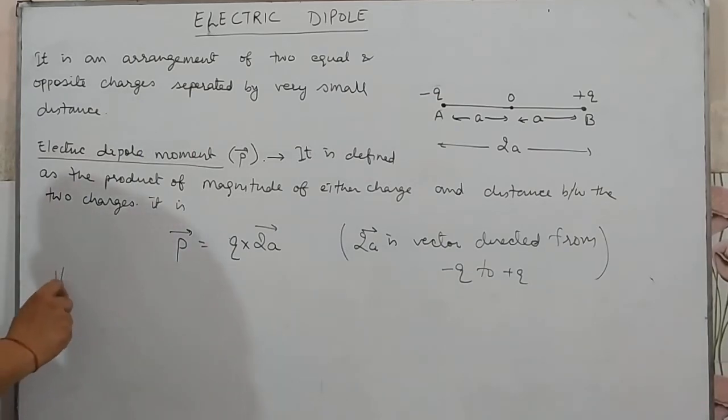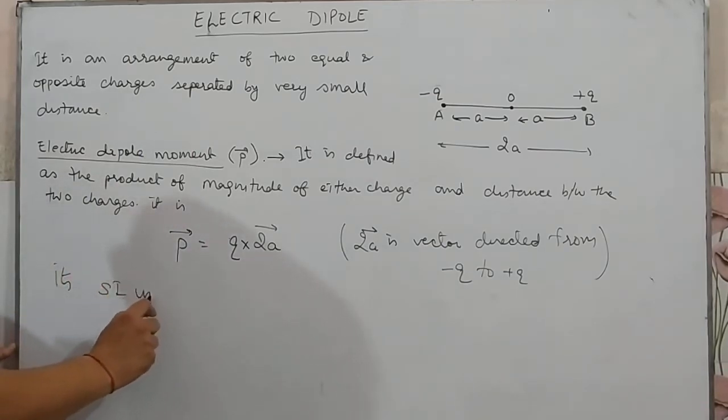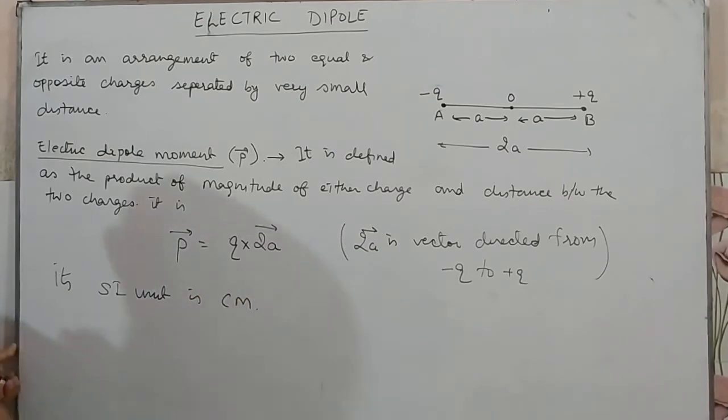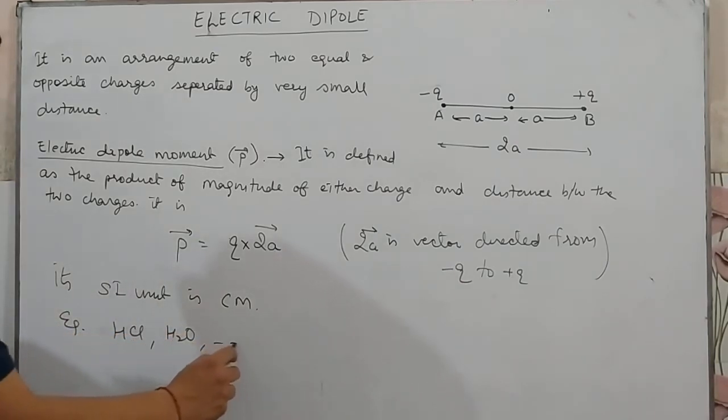Its SI unit is coulomb meter. We have many examples of electric dipoles, like HCl and H2O. Similarly, we can have many more examples of electric dipoles.